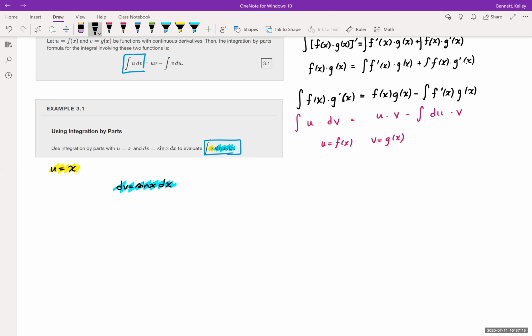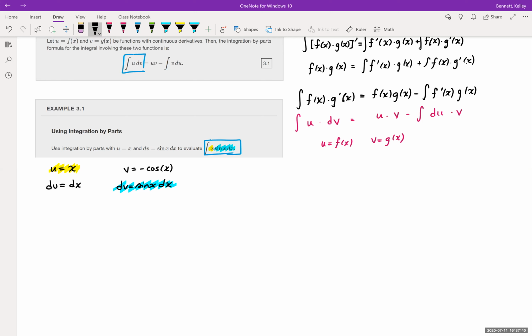So if u is x, then I know that du, the derivative of u, is just going to be 1 dx. So I'll just write dx. And then for v, I want to integrate sine of x dx. So I'm going to get negative cosine of x. And so now that I have my u, my v, my du, and my dv all set up, I'm ready to apply the formula for integration by parts.